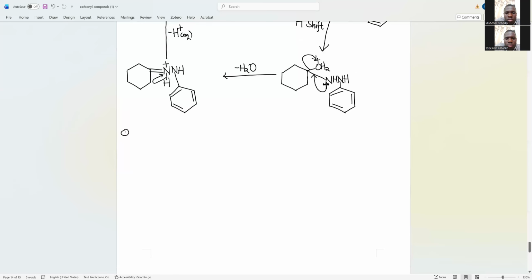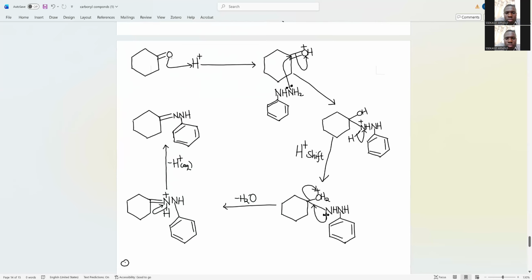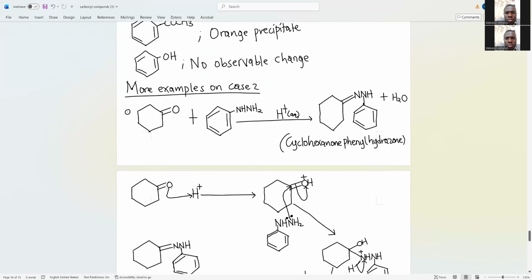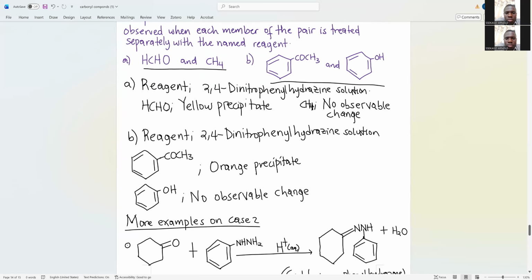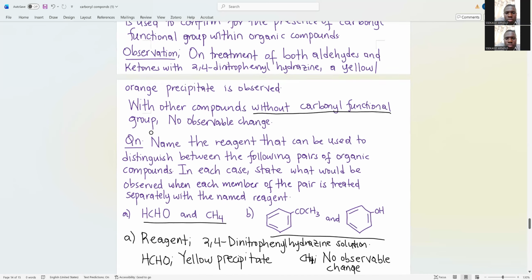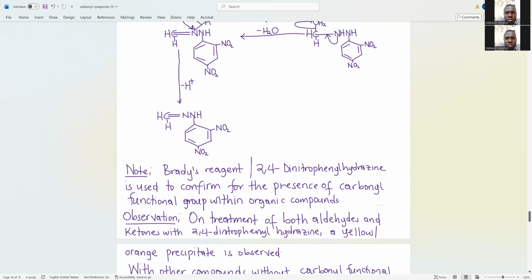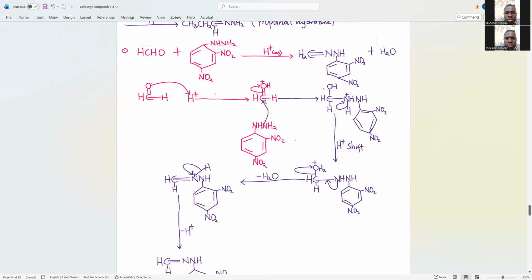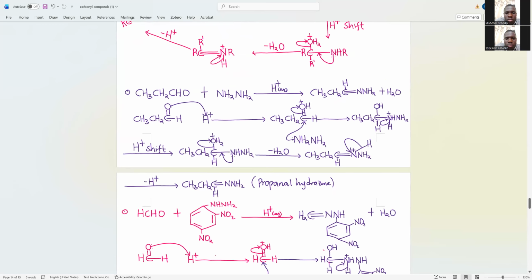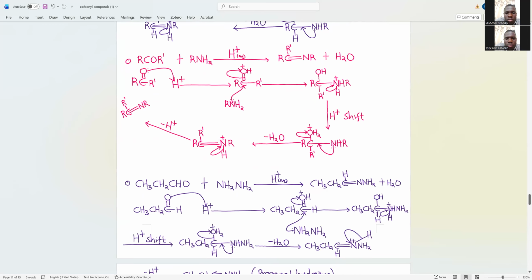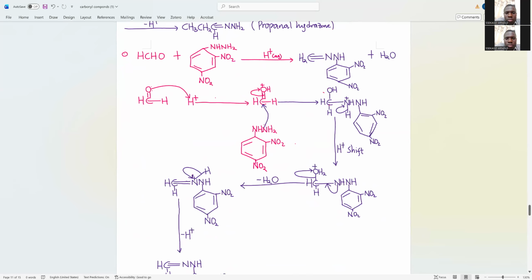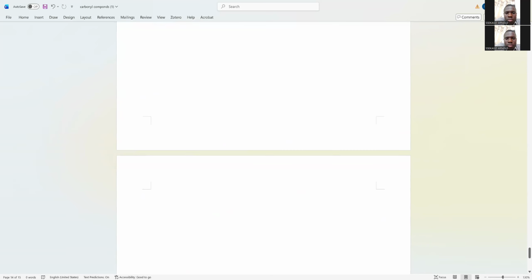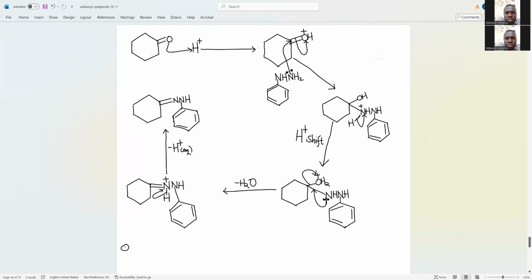I have explored phenylhydrazine. Then Brady's reagent has been applied here. Hydrazine was used. Maybe hydroxylamine. Let me finalize with hydroxylamine.